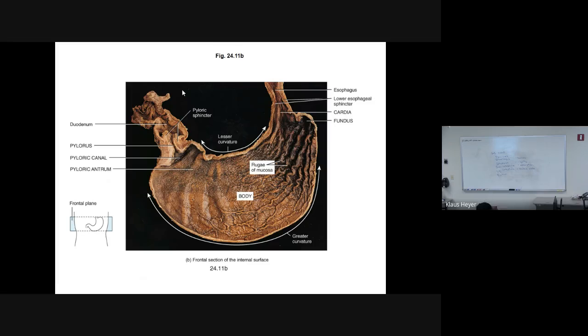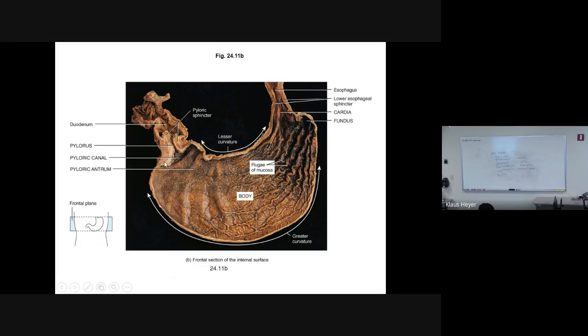Is that a better picture? You can sort of see it here. This is the cardiac sphincter right here. This is maybe a better one where they're labeling the esophagus. But pyloric sphincter, that's a pretty good shot. So you've got one on the other side too, a pyloric sphincter.